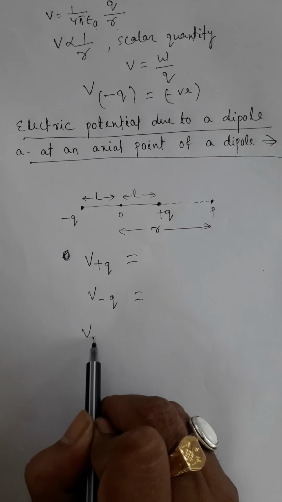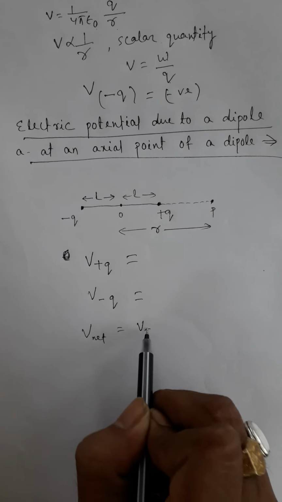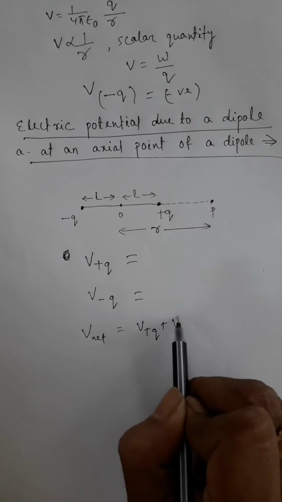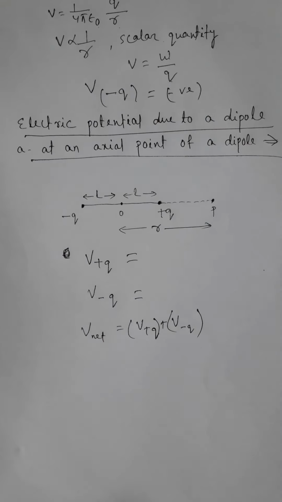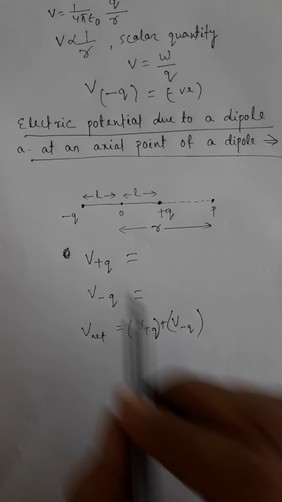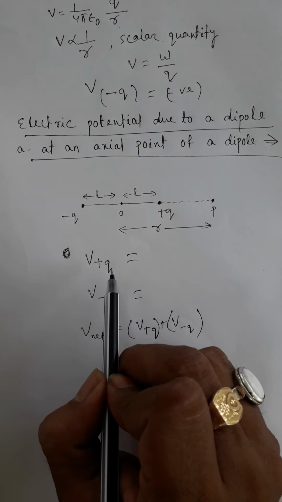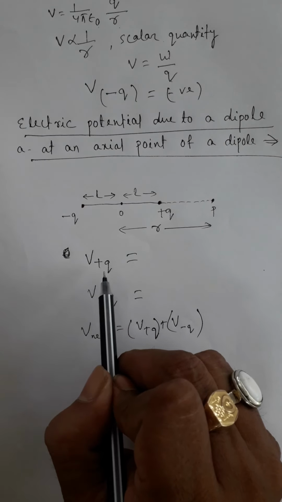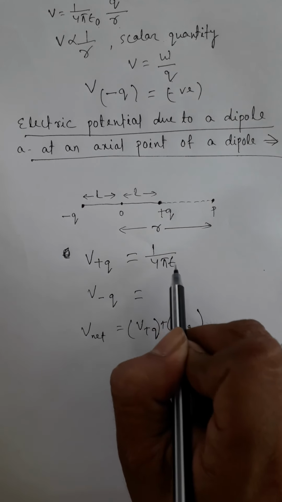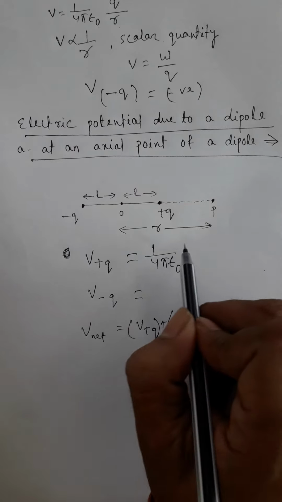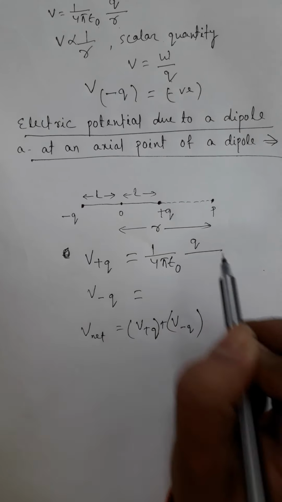Net potential V is V plus Q plus V minus Q. So first, electric potential due to positive charge plus Q, the formula is 1 by 4 pi epsilon naught, Q by R, that is 1 by 4 pi epsilon naught, plus Q divided by distance.